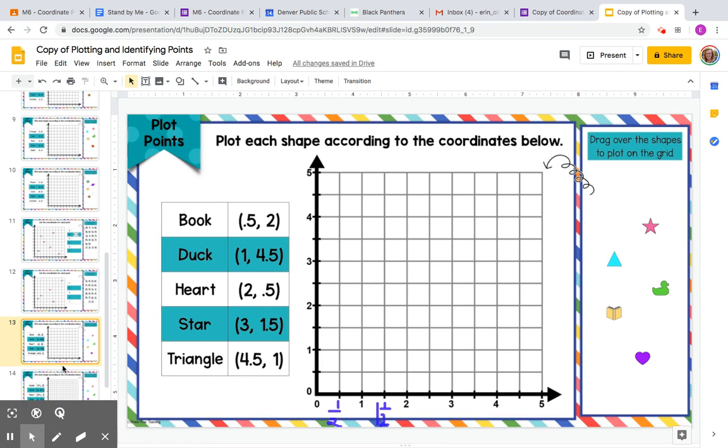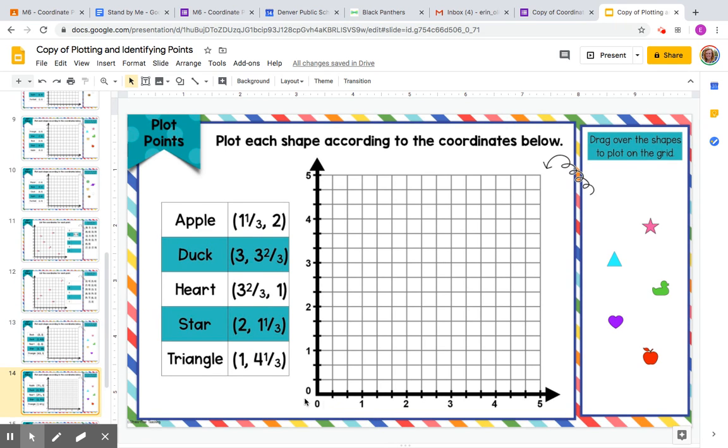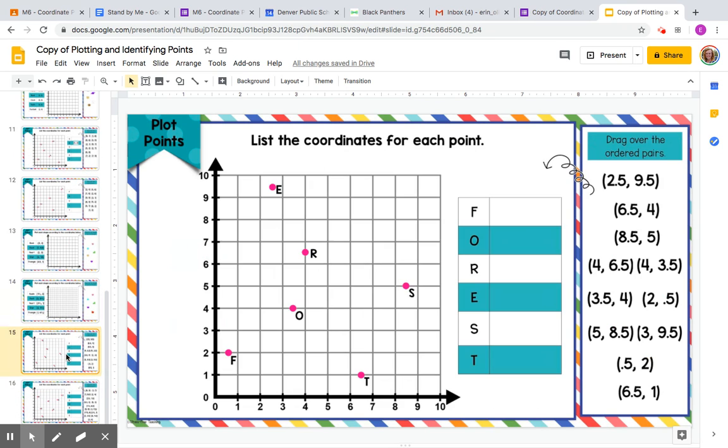Be careful about your tick marks. 1/2 is the same as 0.5 or 5/10. Looking at this one again too, I can see that it's split into thirds based on what I've already seen. Being tricky about those. And finally, just 2 more where you have to match the ordered pair to the point.